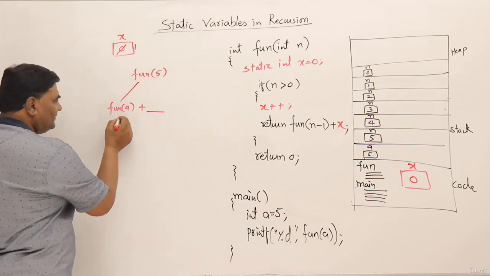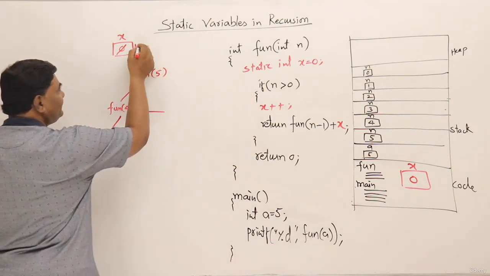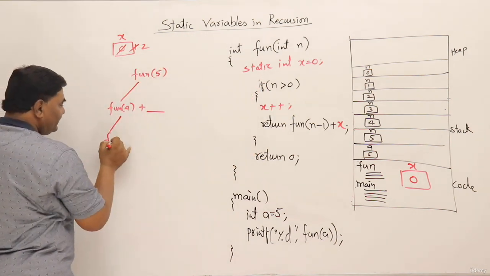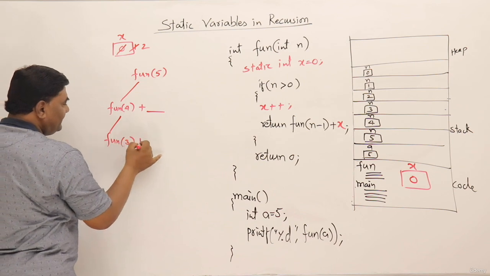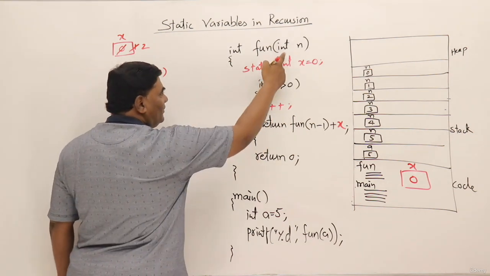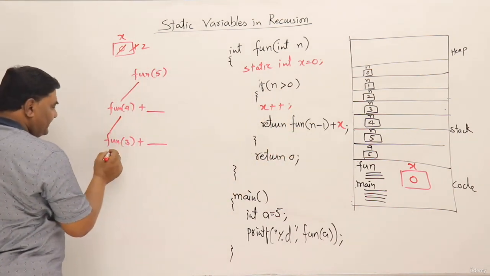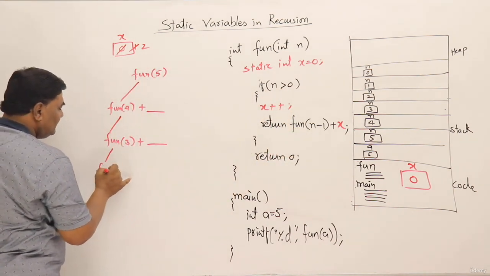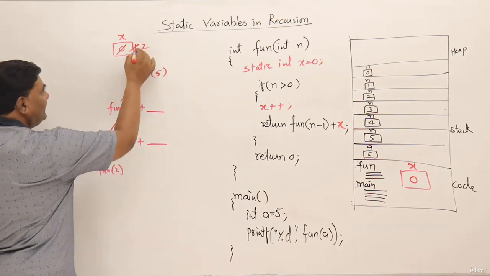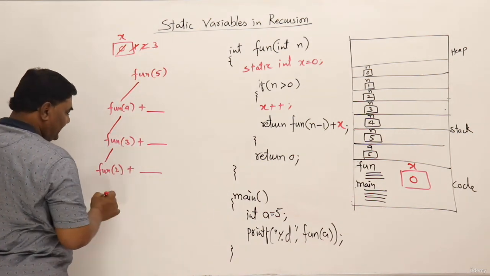Continue for this call. Again 4 is greater than 0, x plus plus, so this x becomes 2. Call fun of 3 plus x should be added at returning time. Then 3 is greater than 0, x plus plus, call itself. Call for 2, x plus plus, then plus this x should be added.